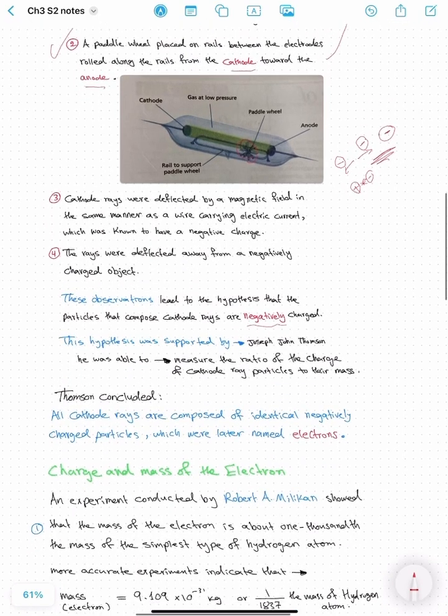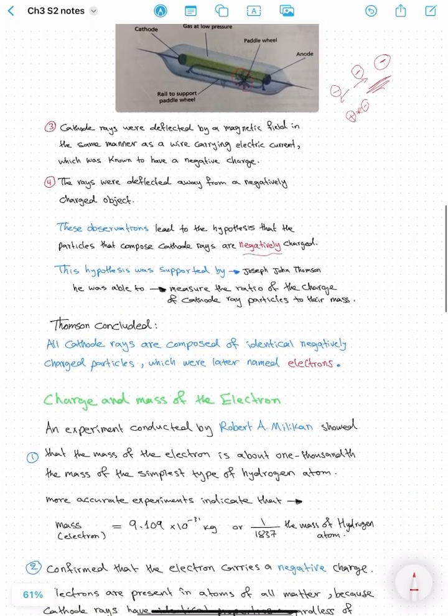All of this was supported by J.J. Thomson, the scientist. What was he able to conclude from this experiment? He was able to measure the ratio of the charge of the cathode ray particles to their mass, not just the charge.